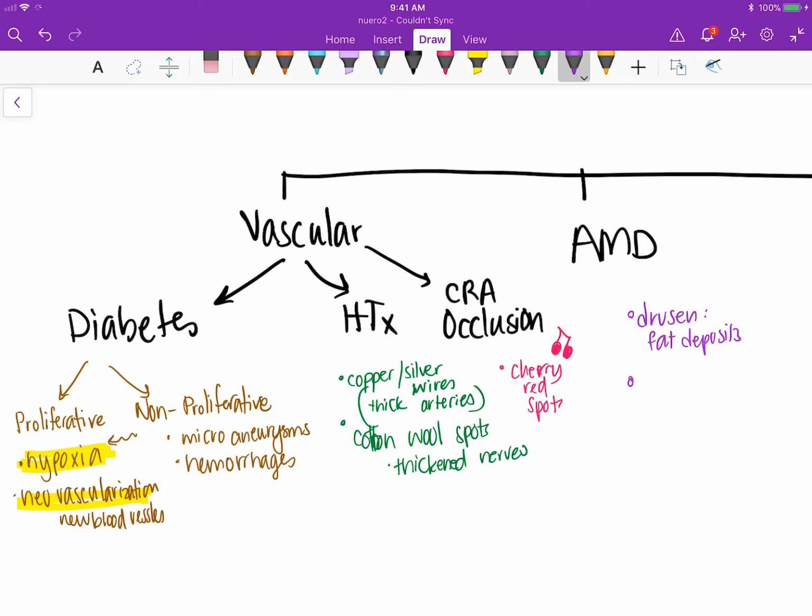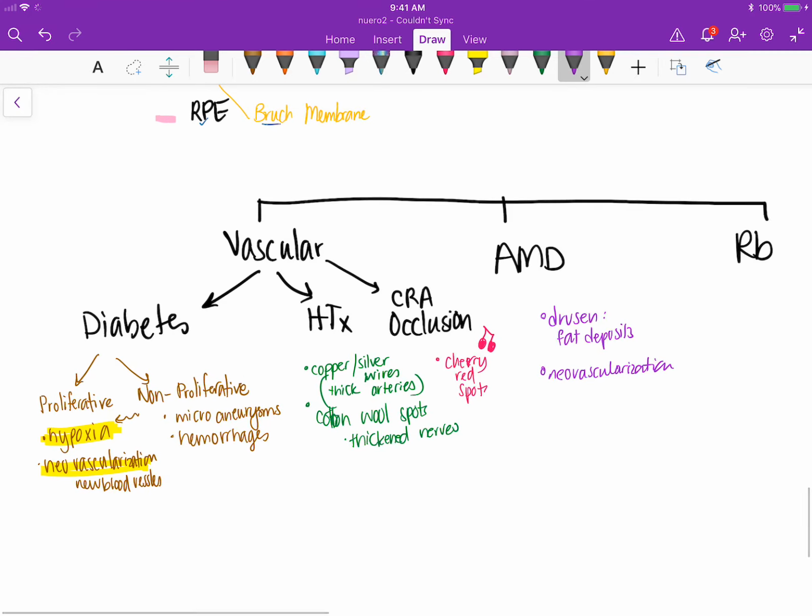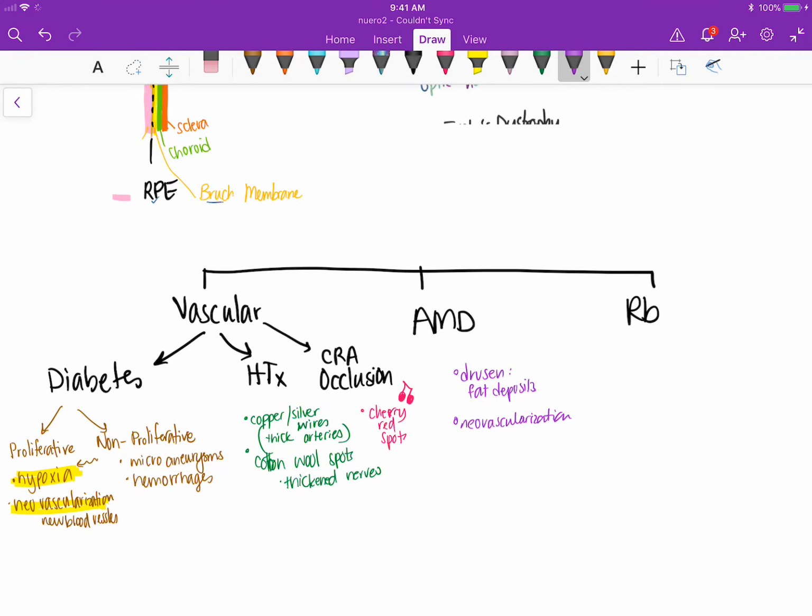In the retina, you also have neovascularization. So you have neovascularization all the way from the choroid, through the Bruch membrane, to the retinal pigment epithelium.